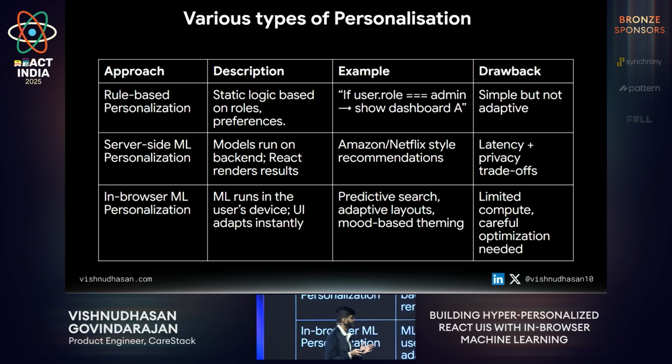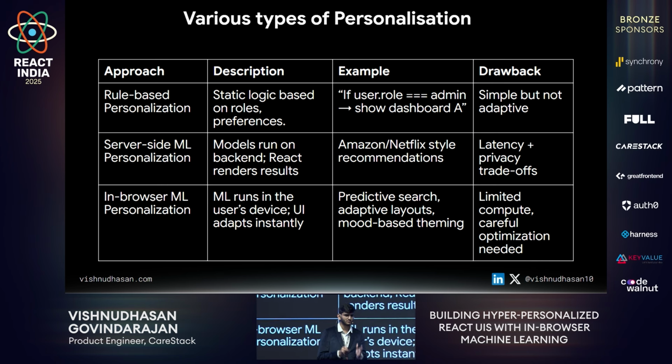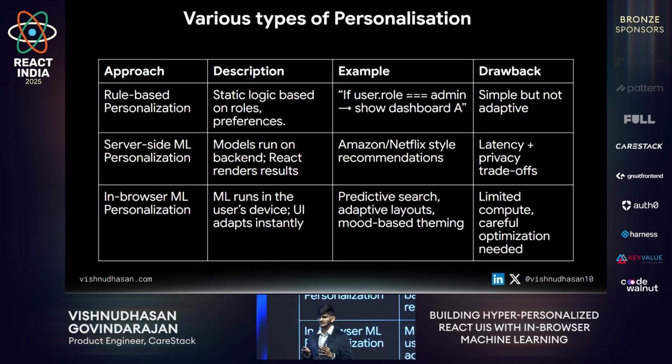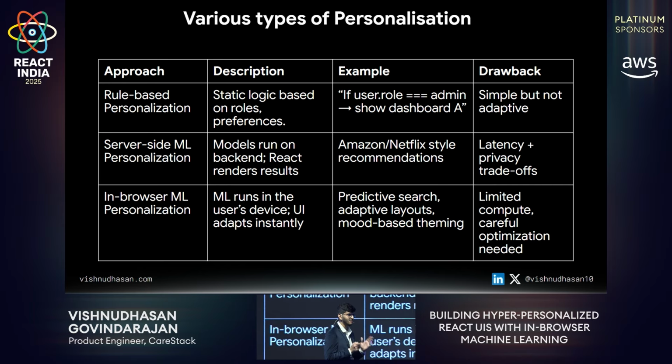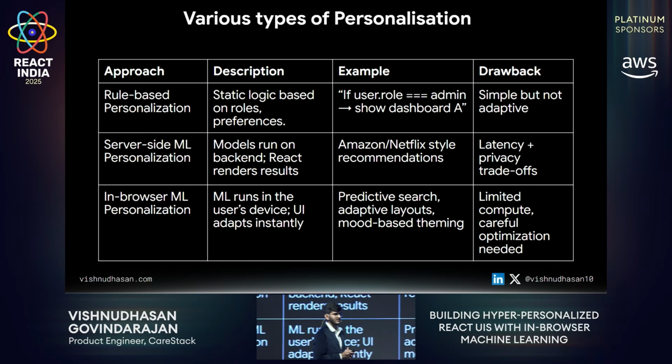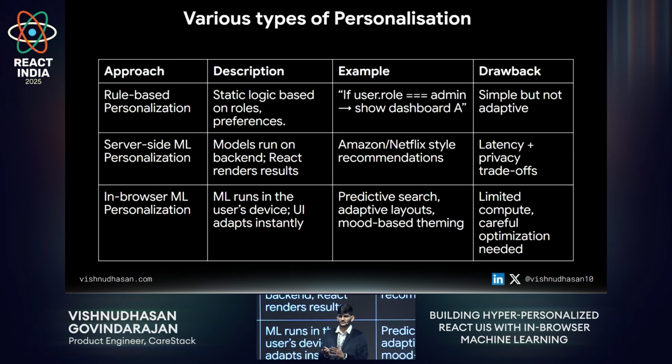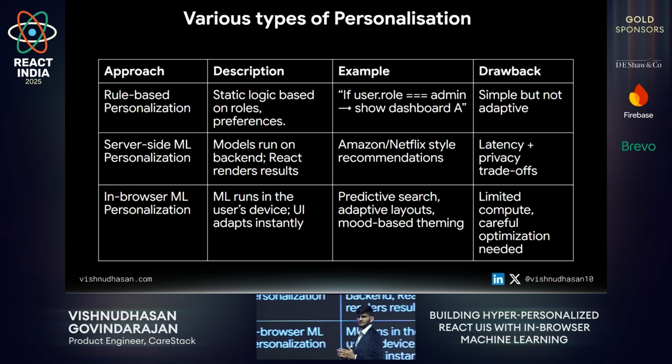That's not adaptive at all. It's just simple, easy to implement. And there is server-side ML. That's how most web apps, ML-based apps, run today on the internet. They are using servers. Servers are great until privacy and the trade-offs come in.